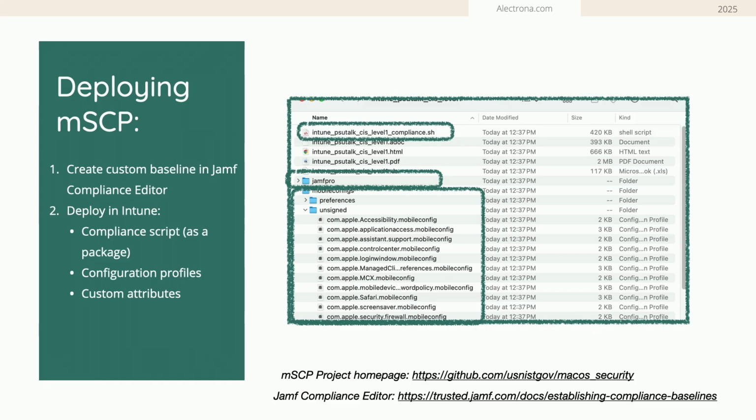So what we like to do is take that first compliance script, package it up using our favorite packaging tool, put it into Intune, and then deploy it out to your fleet, usually putting it somewhere on the Mac. For example, we put it in the Library Application Support folder. You take all those configuration profiles and upload them into Intune.